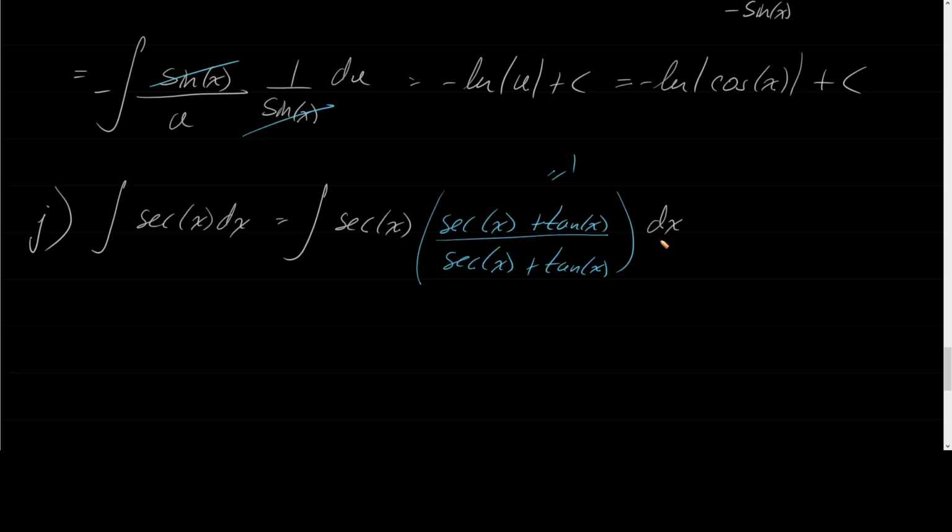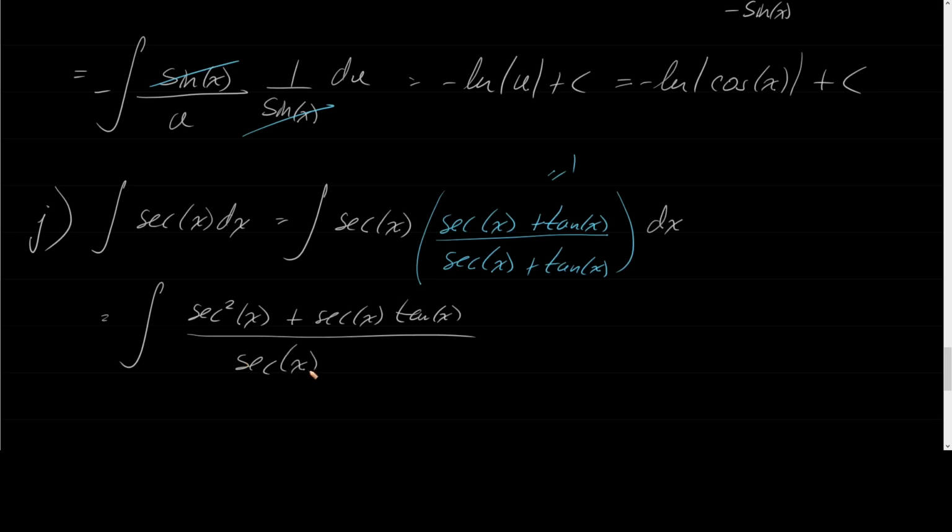All right, so what does that really give us? Let's see. I'm going to rewrite this now as the integral of secant squared of x plus secant x tan x. I just distributed the secant. Secant times secant is secant squared. Secant times tangent is secant tangent. And at the bottom, I'm going to have just secant x plus tan of x dx.